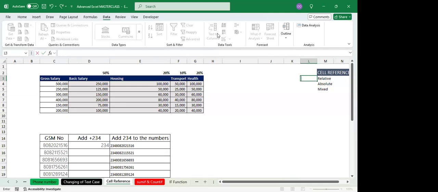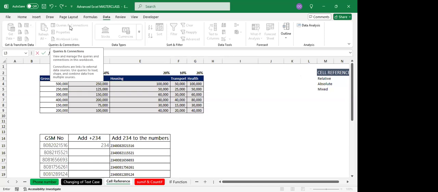I think your mouth was far from the mouthpiece. Yes, I guess so. How about now? Yeah, now, sir, it's clear now. Initially I was using my system microphone, but now I've changed to my AirPod microphone.